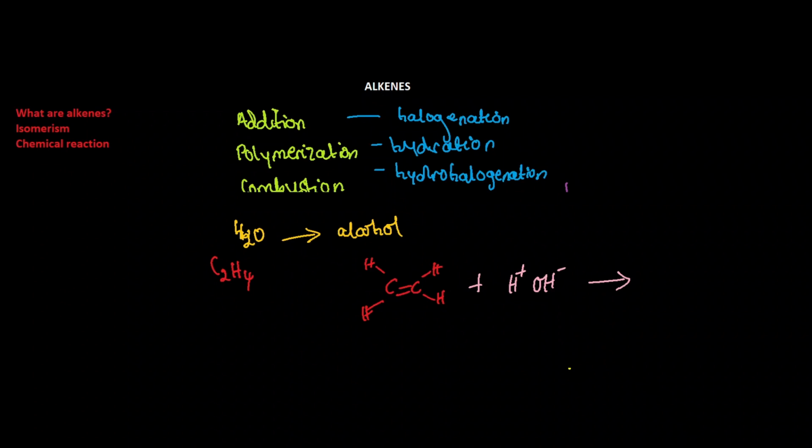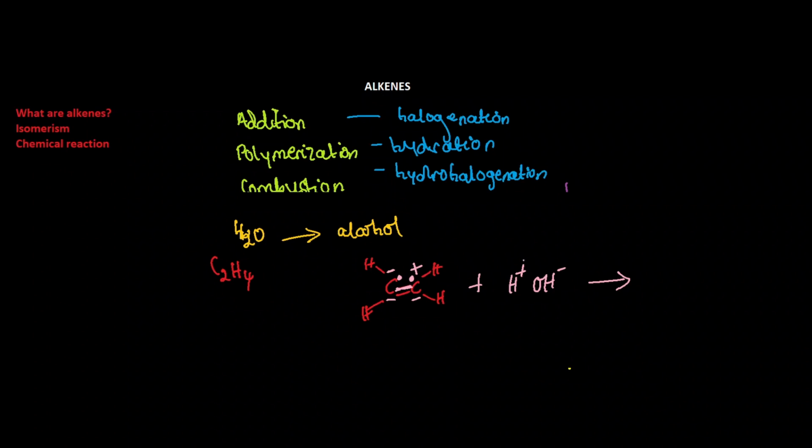We know the double bond is formed from one electron here and another electron here. Now these two carbon atoms present are electronically identical, so we could pick any one of them to be positive and the other negative. I'll take this to be negative and this to be positive.